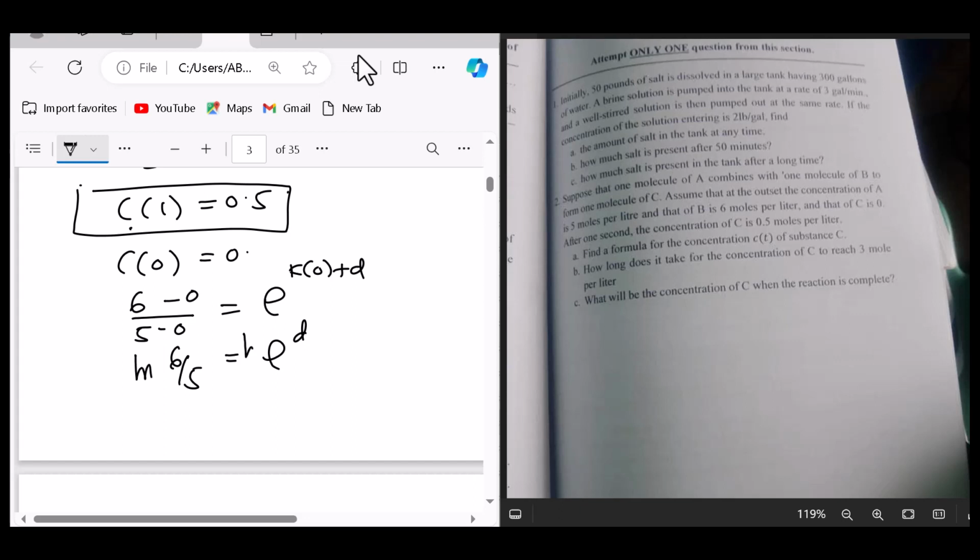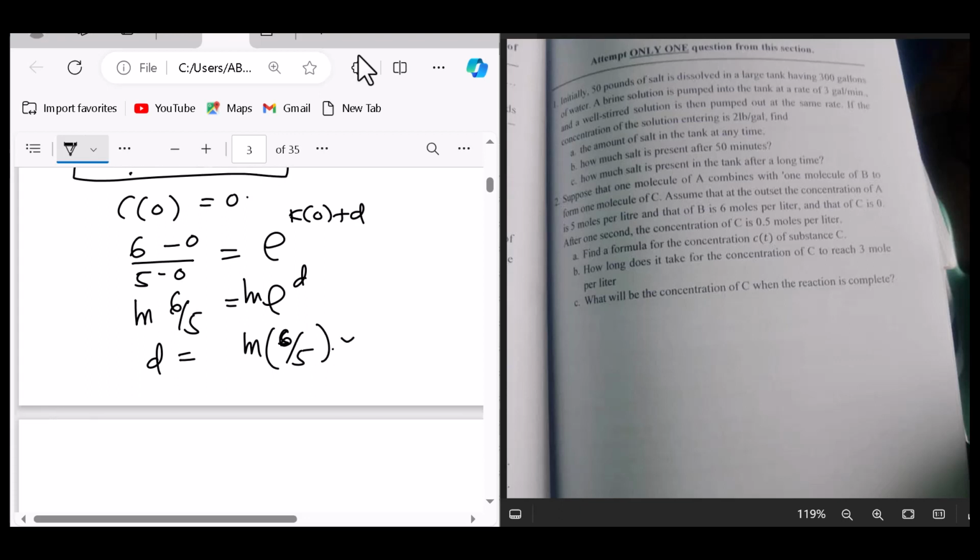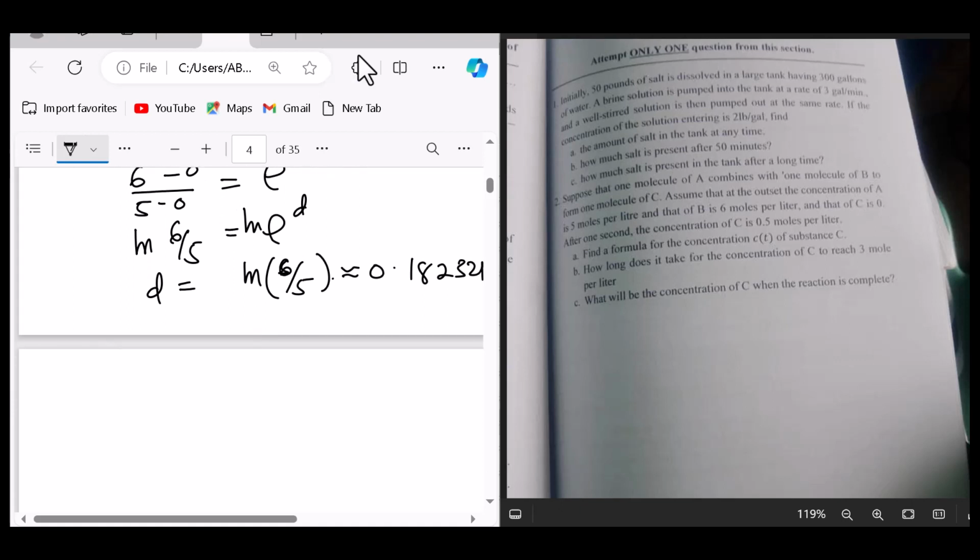And so that will just be 6 over 5 equals e to the power D. Taking ln, our D will be equal to ln(6/5), which is approximately 0.182321.